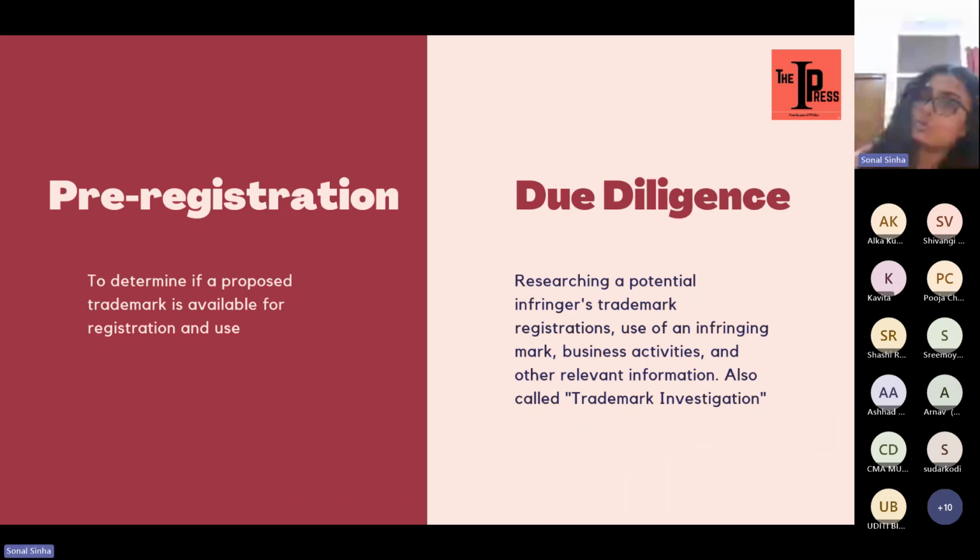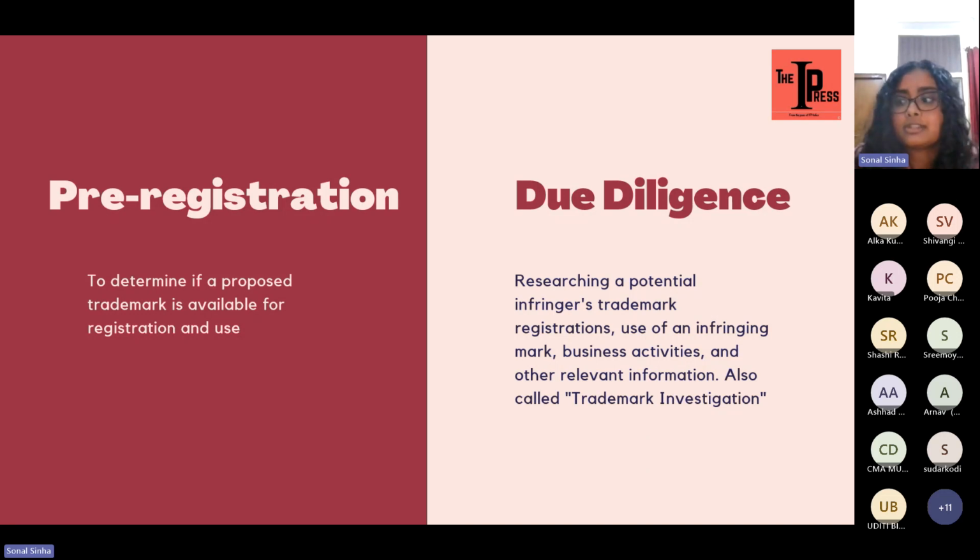When a client comes to you with a proposed trademark and they say, I would like to register this trademark, I'm using this in the market, or I'm planning to launch this in the market, the first thing that you tell them is to conduct a trademark search to determine whether it's available or not.